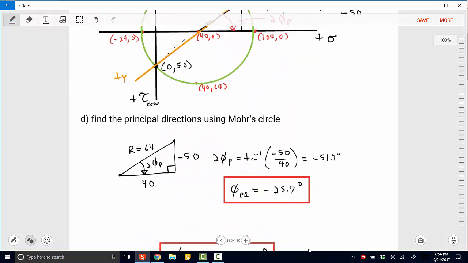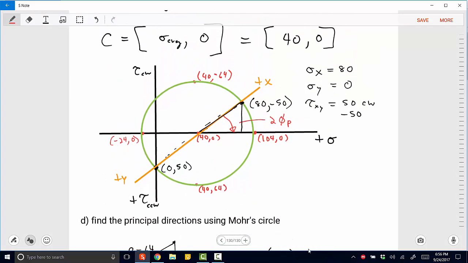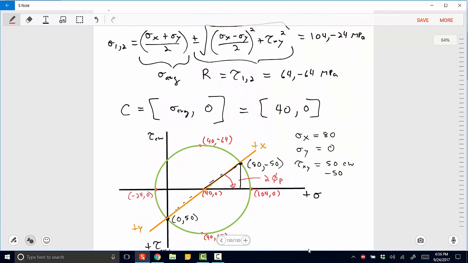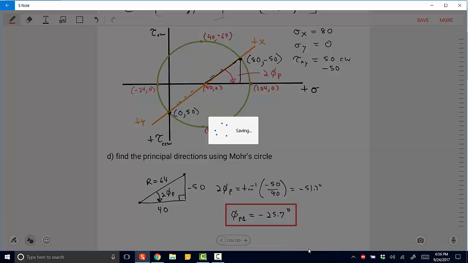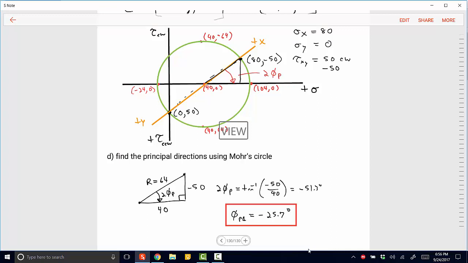So by using Mohr's circle, we can graphically solve for a lot of the things that we would otherwise need the full principal stress and extreme value shear stress equations for.